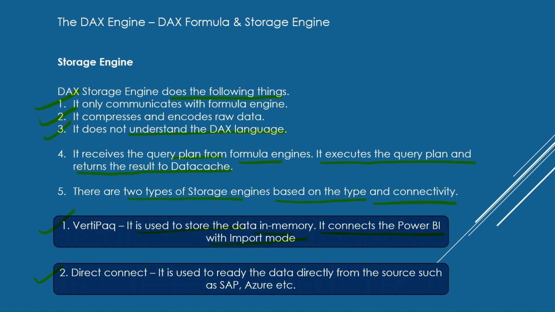The VertiPaq engine stores the data in the memory of Power BI. Whenever we make a connection from any data source with the help of import mode, the storage type will be VertiPaq.